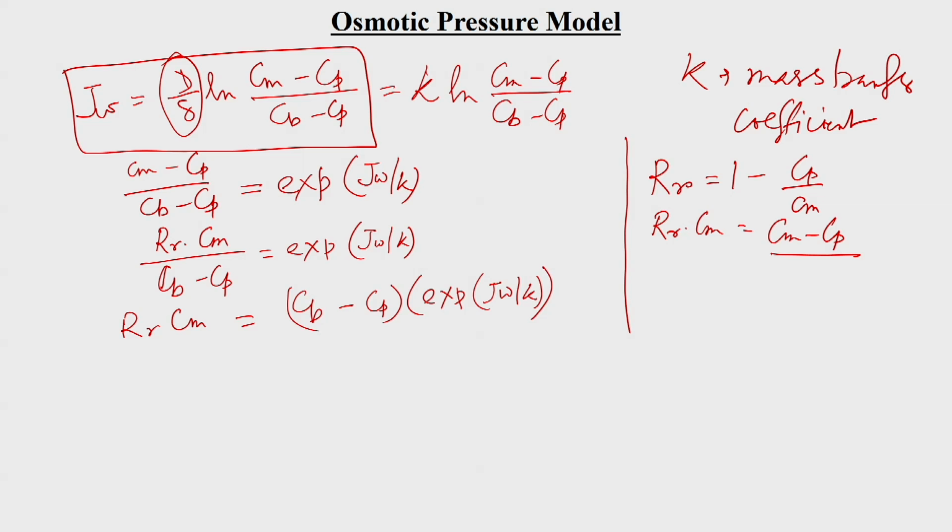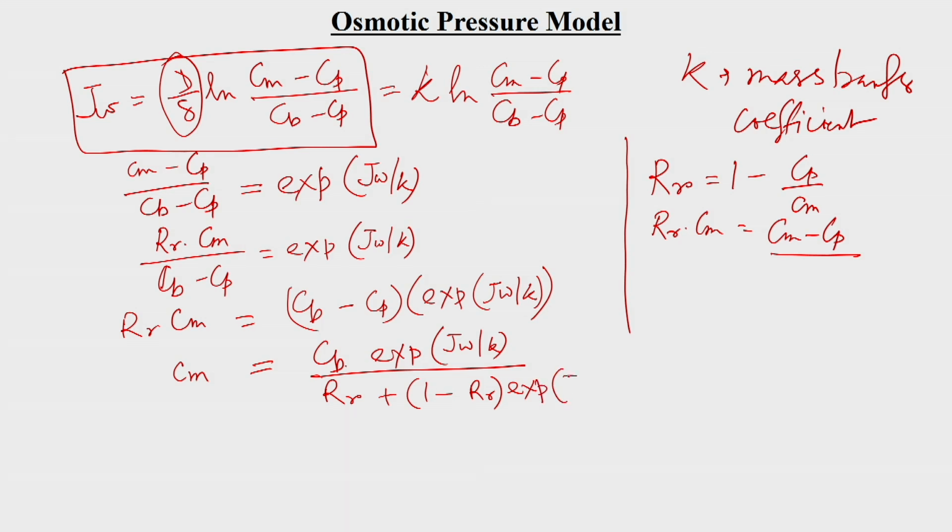And then if we manipulate this equation, we will be getting Cm equal to Cb into exponential of Jw by k divided by RR plus (1 minus RR) into exponential of Jw by k. So, just by manipulating this we get Cm.